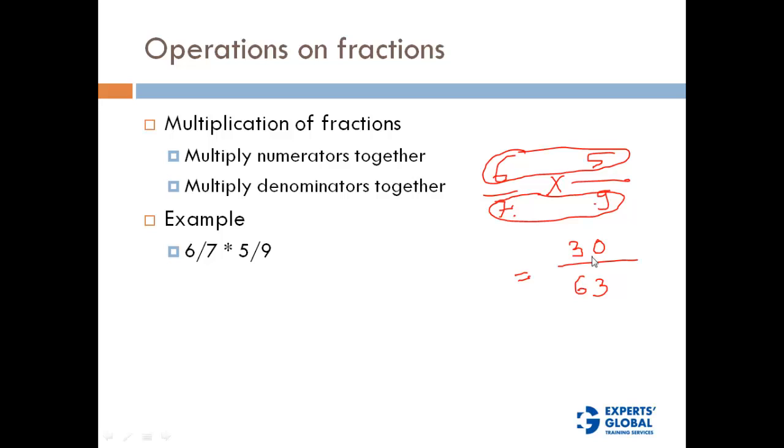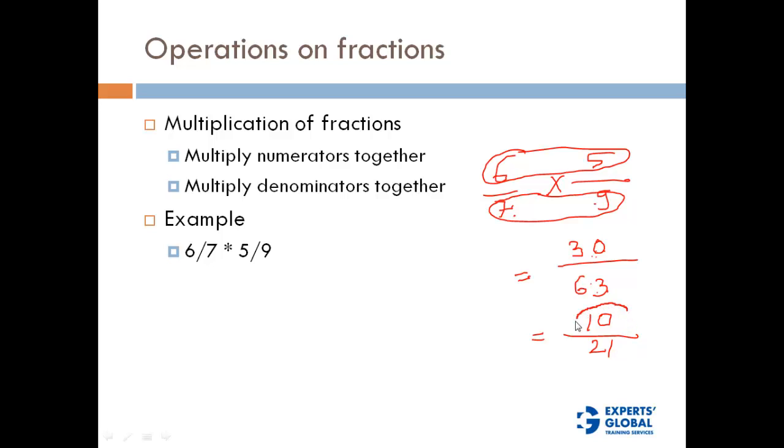Okay, now we can see that there are some common factors here. This is divisible by 3, this is also divisible by 3. So we'll get rid of that. We divide the numerator by 3, it becomes 10. We divide the denominator by 3, so it becomes 21. Can we further simplify this? The factors of 10 are 2 and 5, whereas the factors of 21 are 3 and 7.